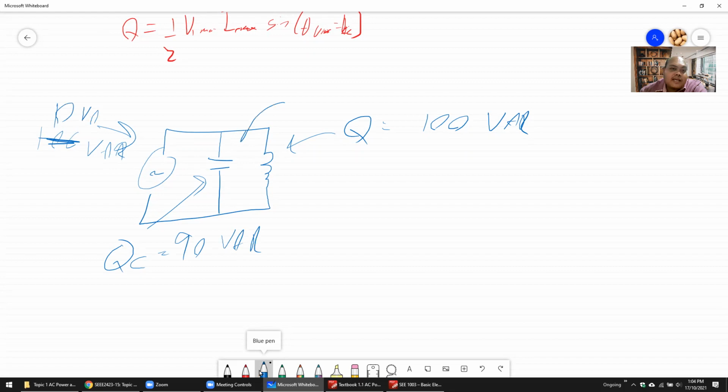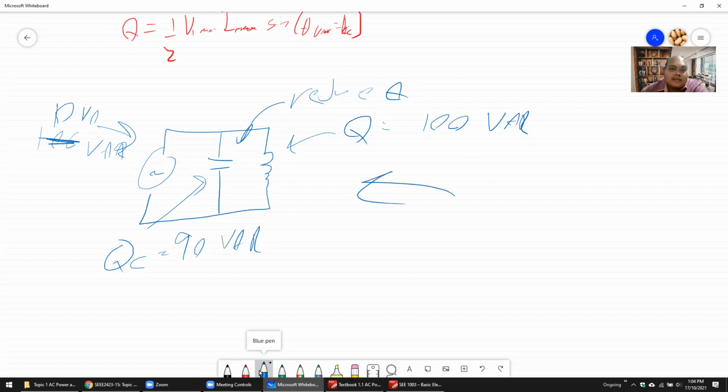So basically, the capacitor can reduce the Q. But be careful. If you put in too much, the Q supplied to the power supply will be too high.